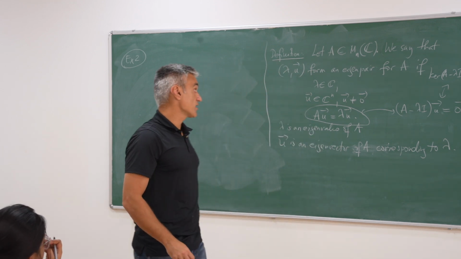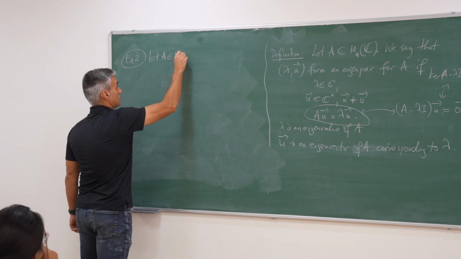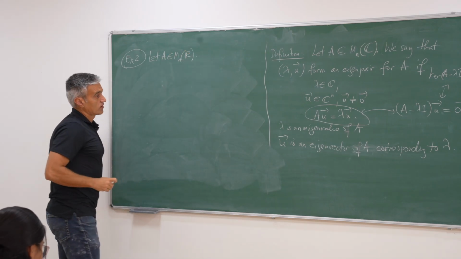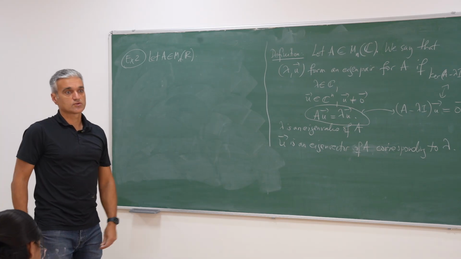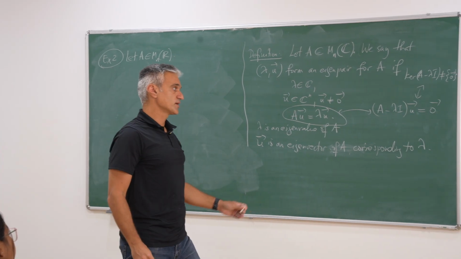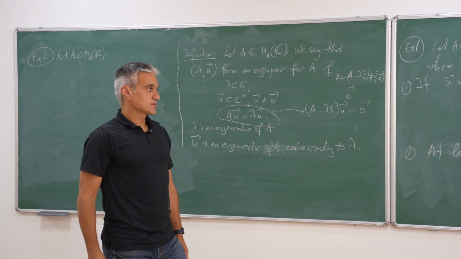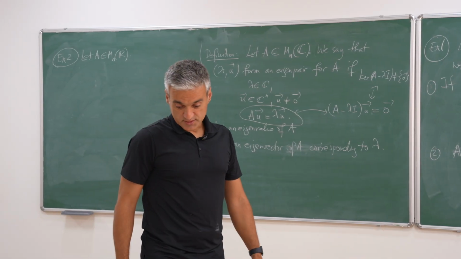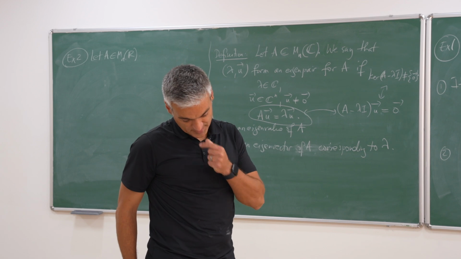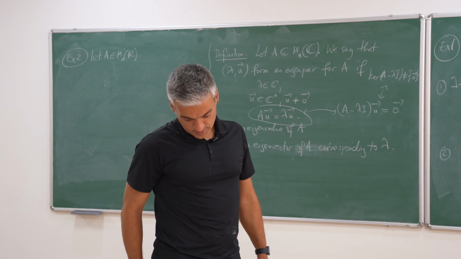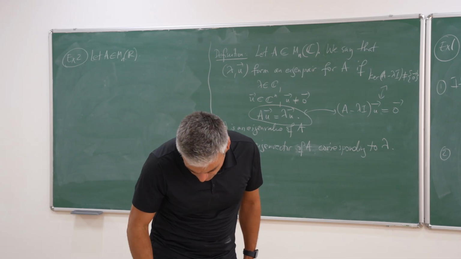Okay, so from over there, you kind of know where we're going. For a real matrix, I can say something about my eigenvectors being real. What do I want to tell you now?